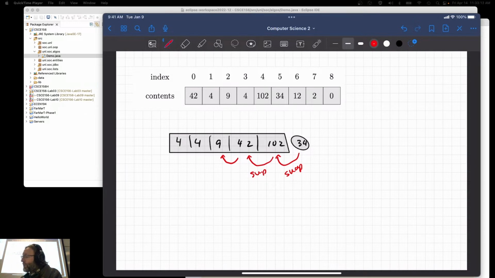So I got away with only 3 comparisons and say 2 swaps, to end up with something that looks like this: 34, 42, and 102. And I've extended the area of this array that is sorted.